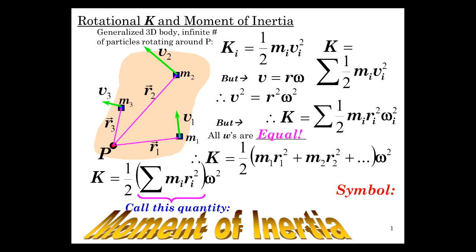So we are introducing that now. The symbol is I. And we also recognize then that the kinetic energy from what we just discussed is 1/2 I omega squared.